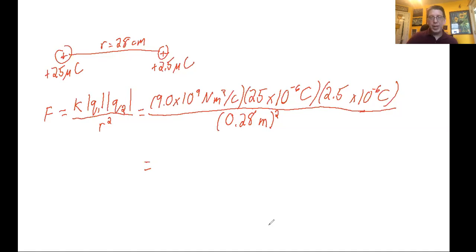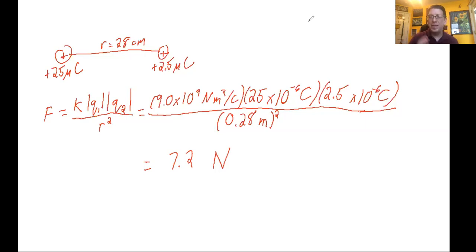What I get to two significant figures is 7.2 newtons. So that's the answer. That's a fairly measurable amount of force.